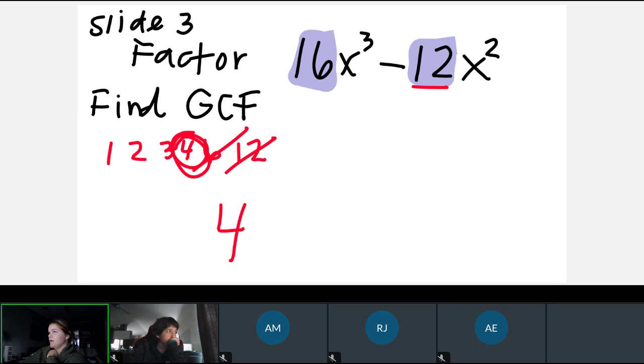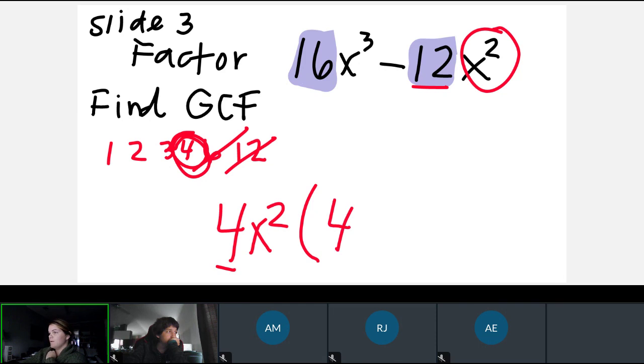And then for x to the third and x squared, x squared is the most I can take out. So I'm going to pull out an x squared. Now, when I do this, I still have to rewrite what's left after I divide. So 16 divided by 4 leaves me with 4.